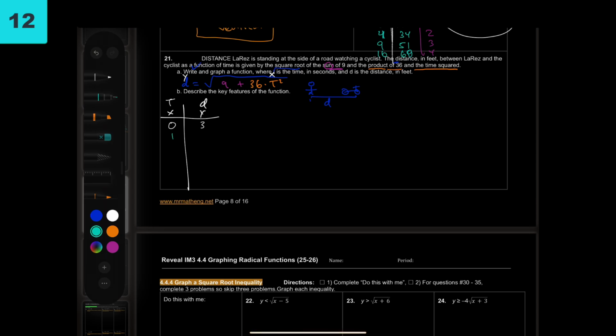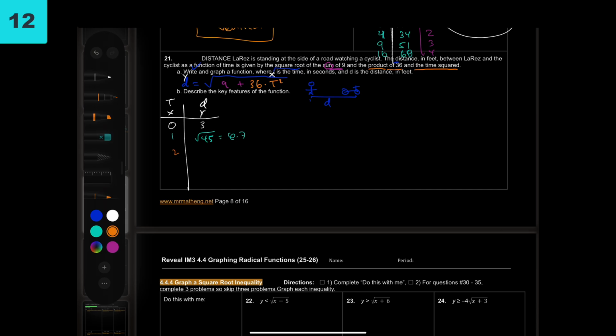Okay, let's put in 1. 1 squared is 1, 1 times 36 is 36. Pay attention, it's 9 plus 36, which is 45. The square root of 45, if you put it in your calculator, is below the square root of 49, which would have been 7. It's approximately 6.7.